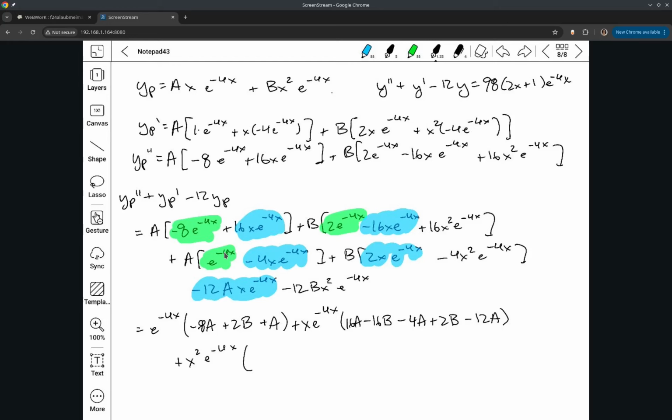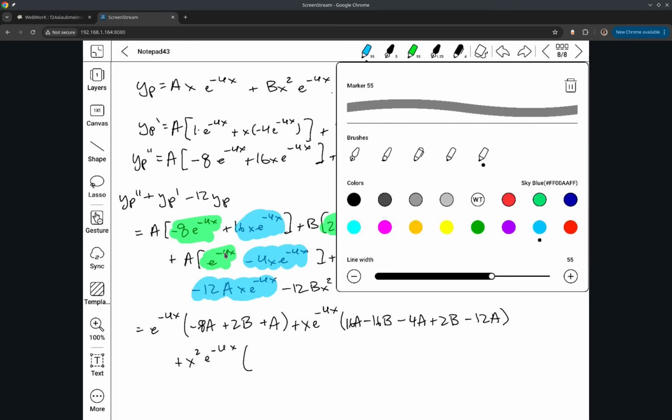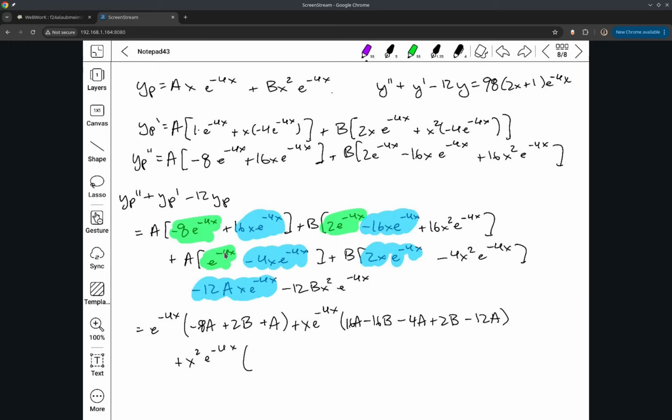So then my x squared terms, what's a color that's kind of different now? I guess this purple should be different. We'll hope for the best there. There's an x squared, there's an x squared, and there's an x squared. So I've got 16b minus 4b minus 12b.